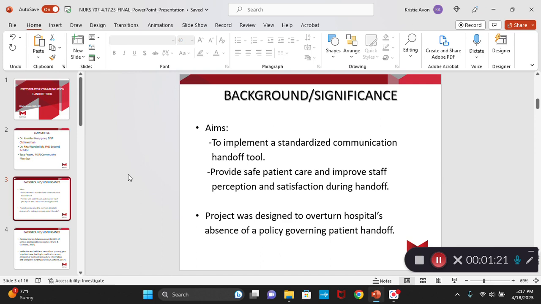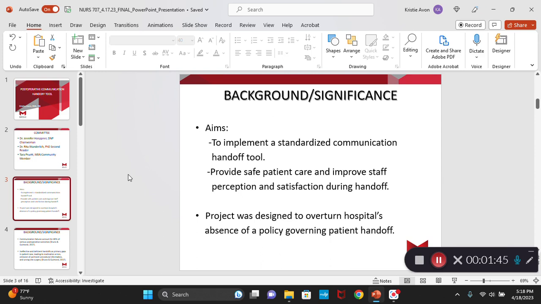This scholarly project took place in the PACU department located in a rural community hospital in the southeast region of the United States. Perioperative staff, including anesthesiologists, CRNAs, and OR nurses, provided a verbal exchange of communication to the receiving PACU nurses, and that was the primary problem.